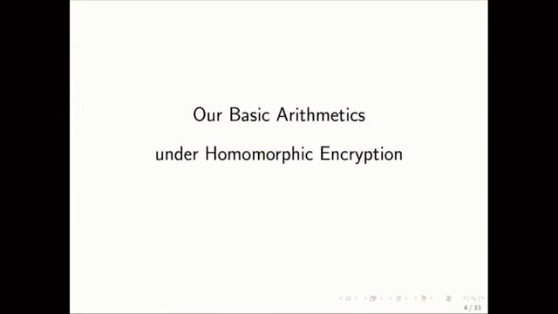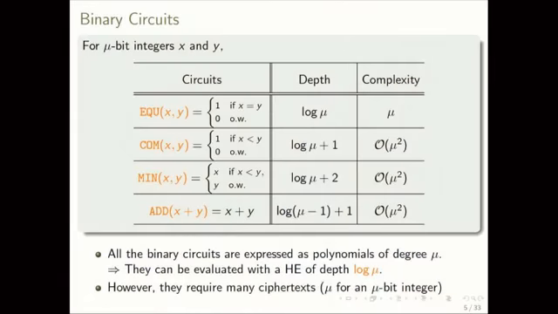And now I explain our basic arithmetics under homomorphic encryption. Suppose that we are given mu-bit integers, and then we can consider these four primitive circuits: equality, comparison, minimum, and addition.